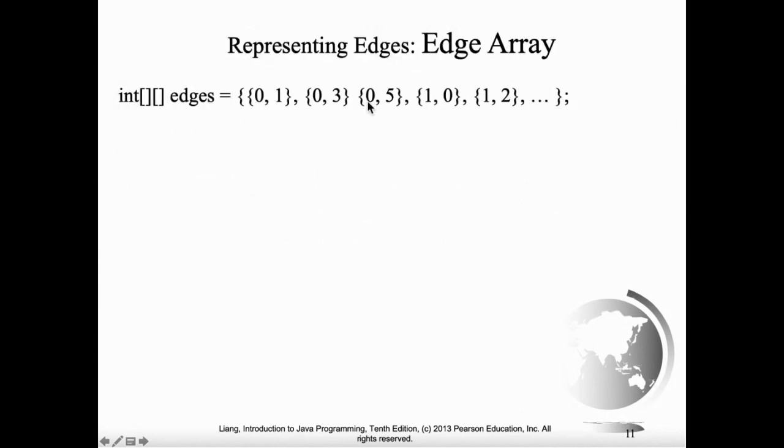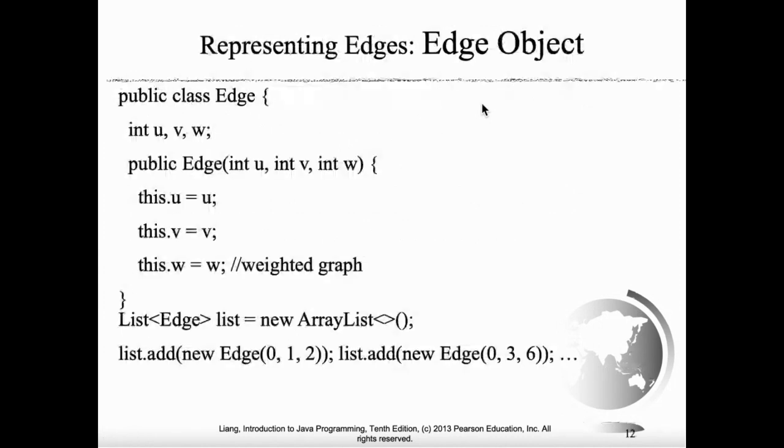Each pair of indexes creates one edge, so we have an array of all of the edges. That's one way to do it.